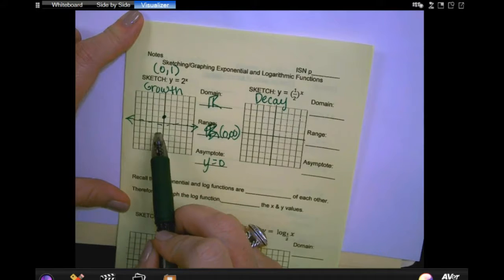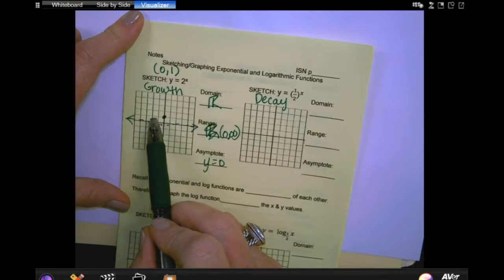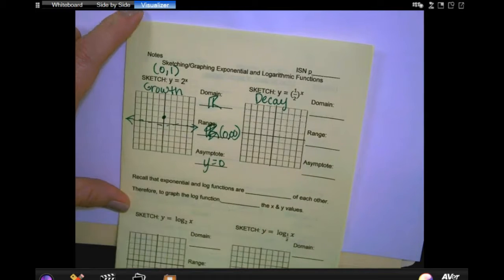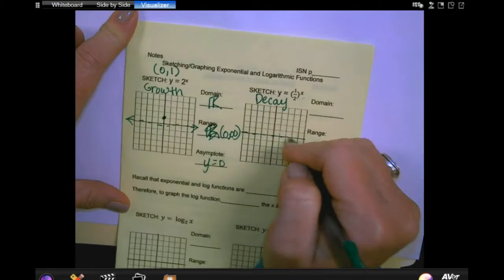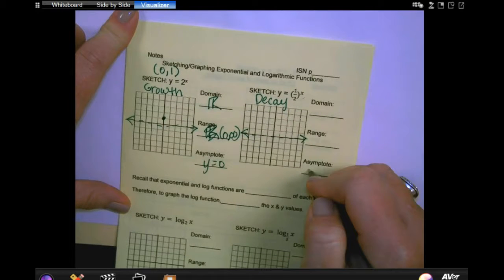Okay, if I'm using all of the x's, why do I not get any negative numbers? Well, the next one also has an asymptote at y equals 0, and it's a half.